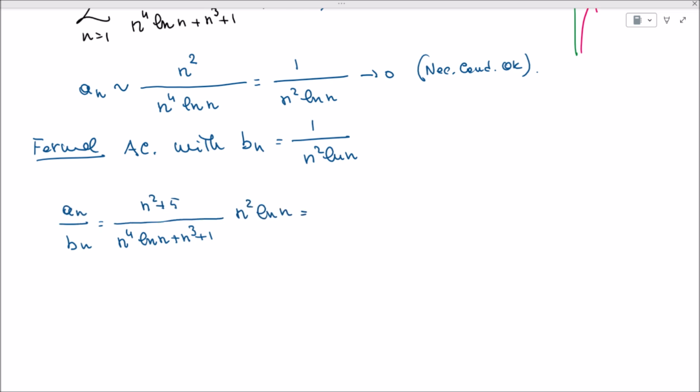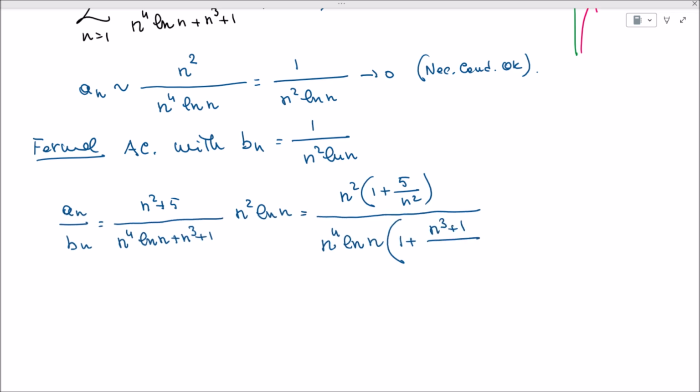Now let's proceed and factor out n squared at the numerator. So we have 1 plus 5 over n squared. And at the denominator, we will instead factor out n to the fourth logarithm of n, which multiplies 1 plus (n to the cube plus 1) divided by (n to the fourth logarithm of n).